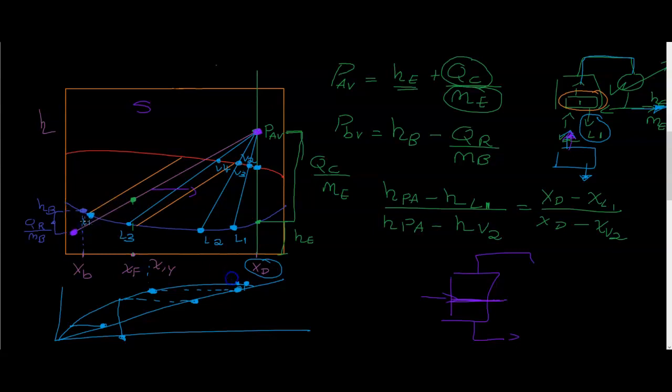So be careful, because now you are in the stripping section, so you won't use this pole anymore, but the pole of the stripping section. So this is going to be, of course, what I said, L4, right?